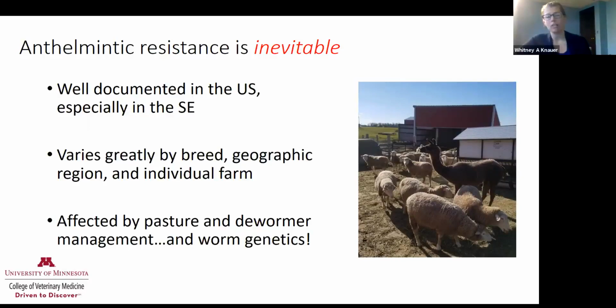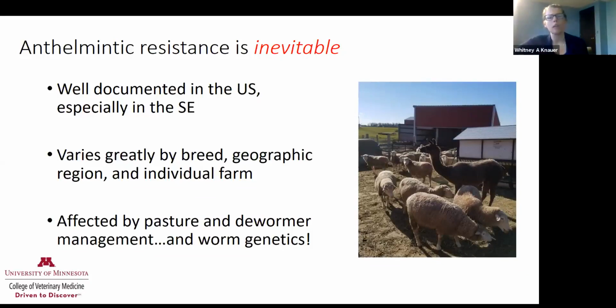And worm genetics. Just like us, every time we create a new human, we have genetic changes, and that's the exact same thing that happens in the worms. That happens naturally without any pressure from deworming. So that's really important to consider: resistance will happen over time, regardless of whether we're putting dewormers into animals.